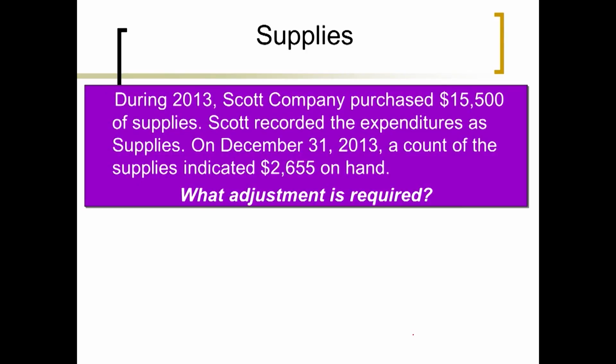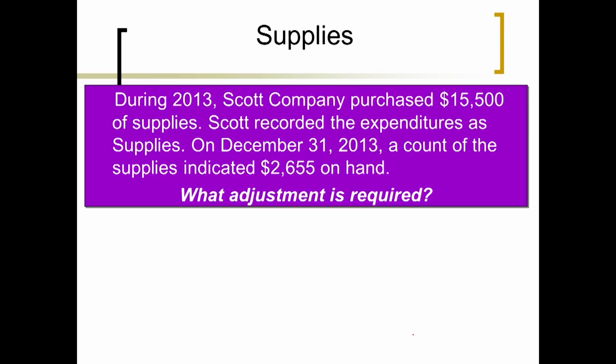Now, I want you to think of that example as we talk about the next example, which has to do with office supplies, okay? Office supplies. During 2013, Scott Company purchased $15,500 worth of supplies. They recorded the expenditure as supplies, and supplies is an asset.